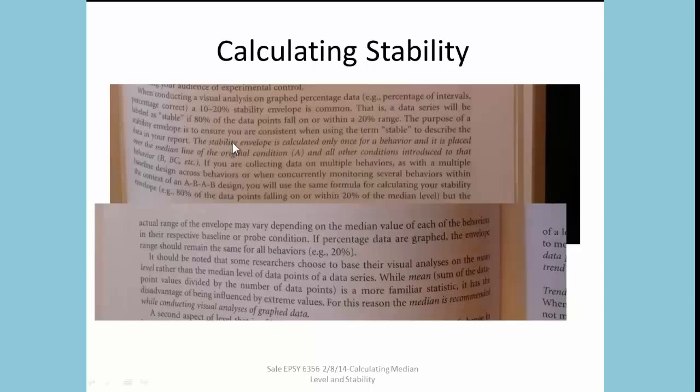Please note that the stability envelope is calculated only once for a behavior and is placed over the median line of the original condition and all other conditions introduced to that behavior. So, for example, when we get to the intervention, we're still going to use the stability envelope that we calculated on the median.